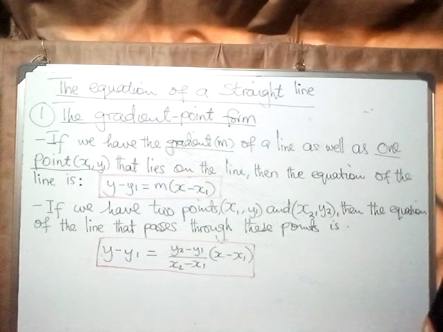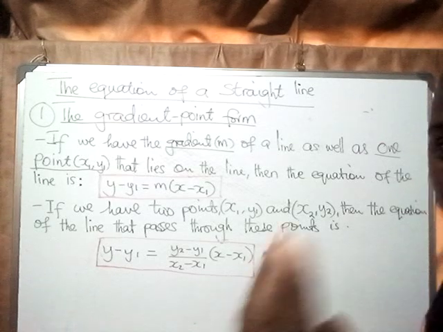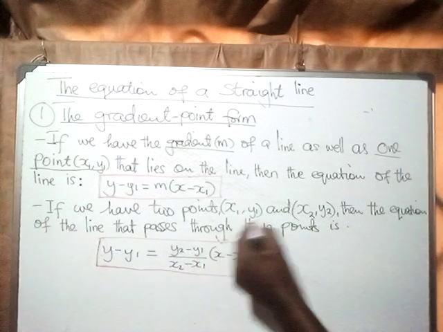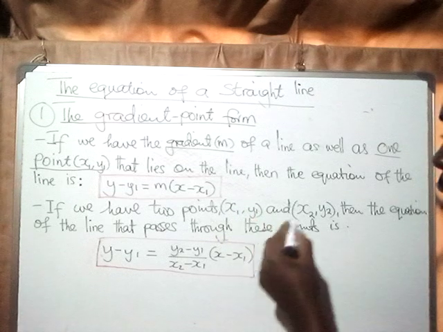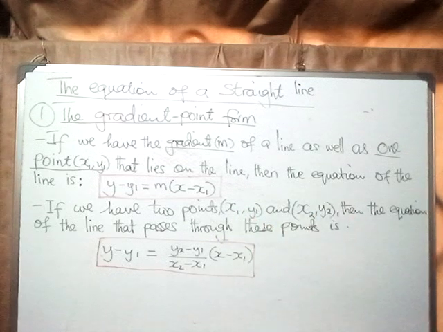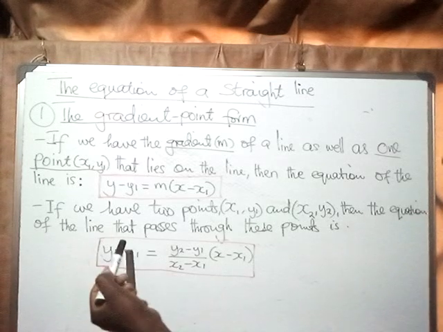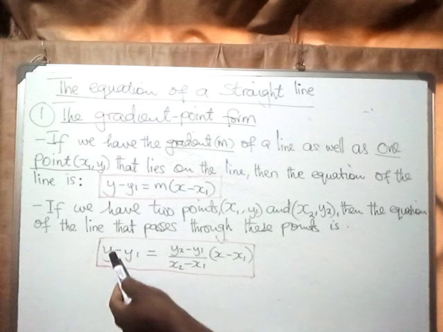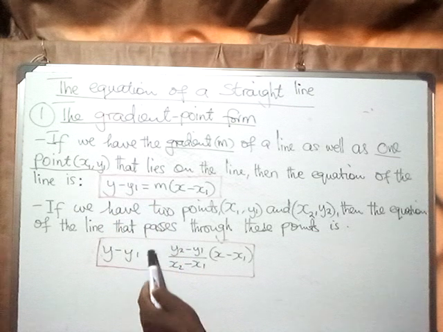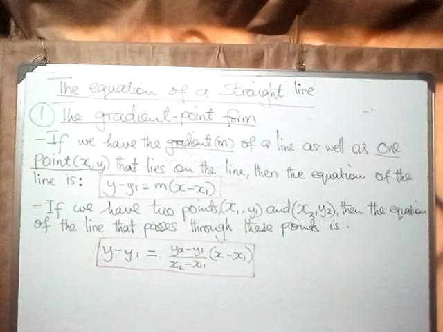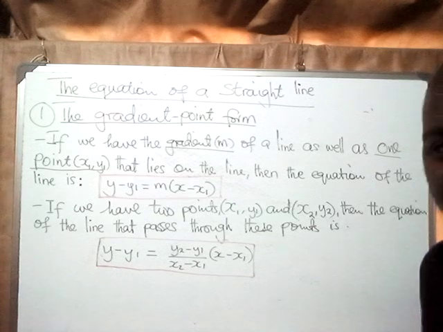Sometimes you may not be given the gradient. You may just be given two coordinates. We have point 1, x1, y1, and also x2, y2. Then the equation of the line that passes through these points is y minus y1 equals, instead of just putting m, you have to find the gradient because it has not been given.